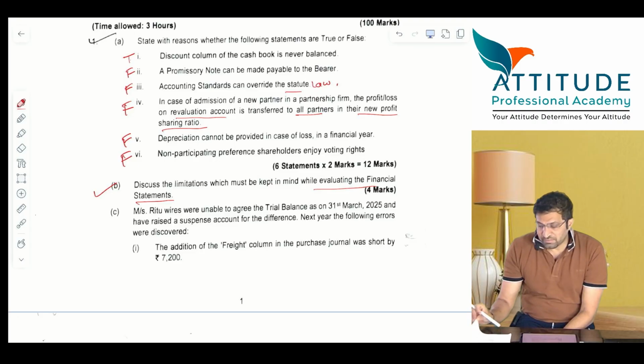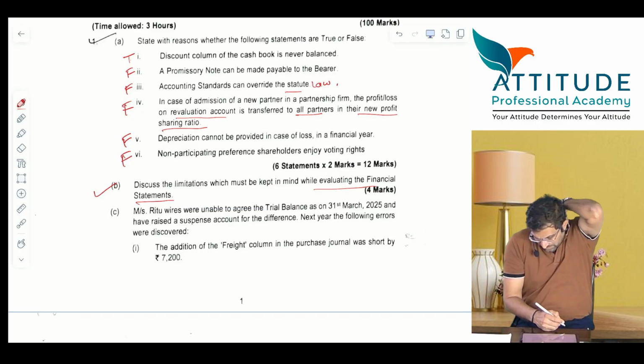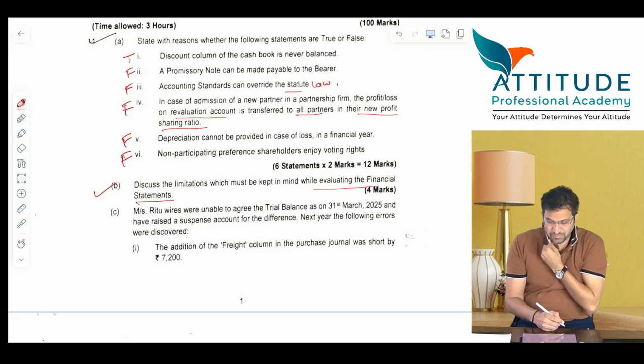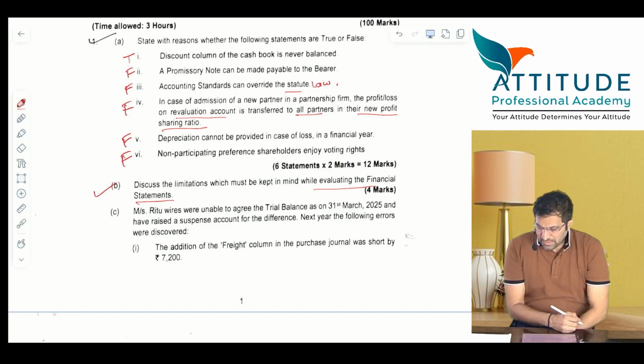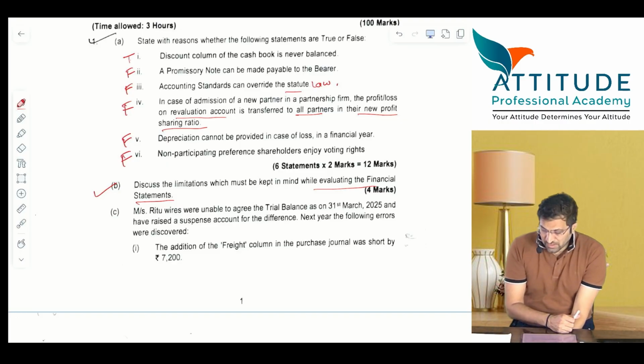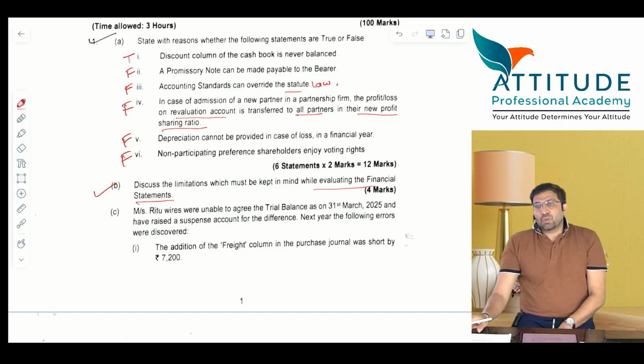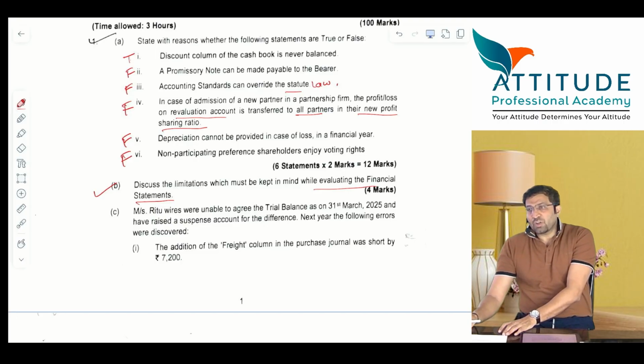Point number 1, the factors which may be relevant in assessing the worth of the enterprise do not find place in accounts, as they cannot be measured in terms of money. Example, loyalty of the employee.